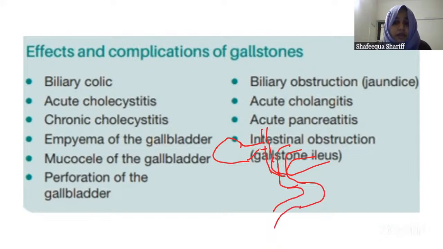So when the stone gets stuck here, it may cause an acute inflammation of the gallbladder, that is acute cholecystitis. And repeated attacks of acute cholecystitis will cause chronic cholecystitis.